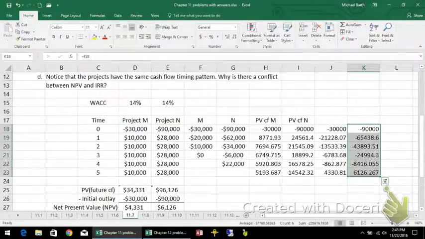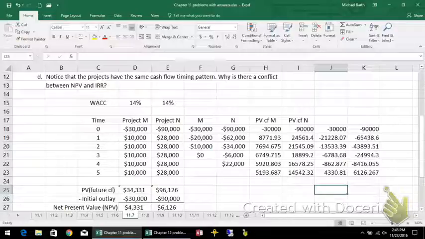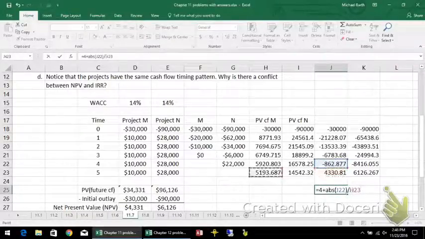And if we do that for project N, it's also somewhere between the end of year 4 and year 5. All right, so that would be 4 years plus the absolute value of 8.877 divided by the 5193.